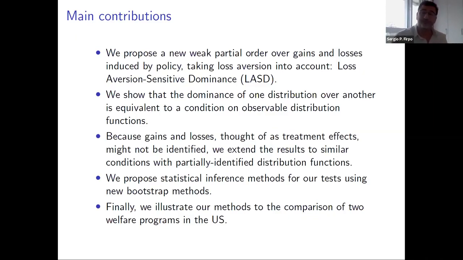For the kind of test statistics that we have, which are very discontinuous and non-smooth, we have to rely on inference methods that allow us to do correct statistical inference, basically to construct confidence intervals and test a null hypothesis using this tool. And then we have an application. I hope that I have some time to present the application.